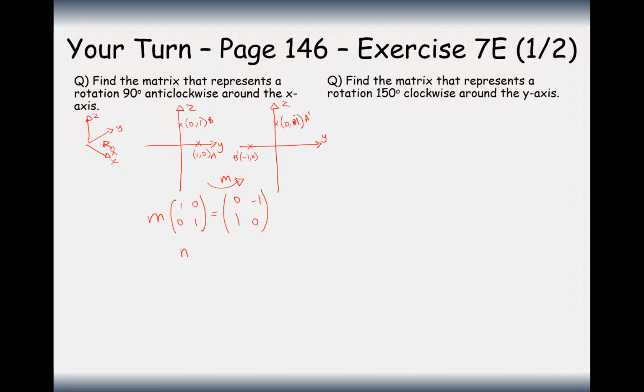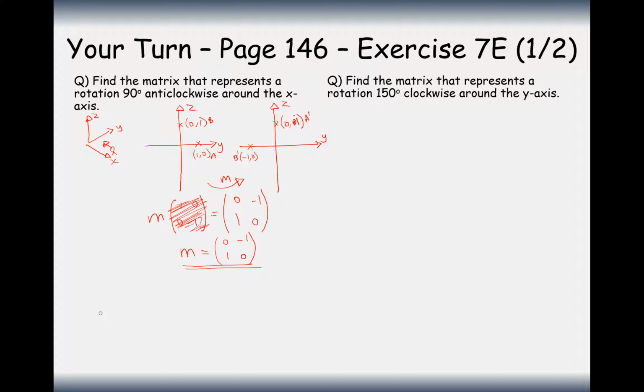So to work out M, what would be our transformation matrix? Well, given that we're just timesing our transformation matrix by the identity, we can delete this, and we get this answer here, 0, -1, 1, 0. So this here now is the transformation matrix that rotates 90 degrees anti-clockwise around the x-axis.